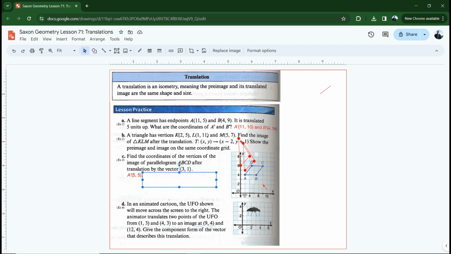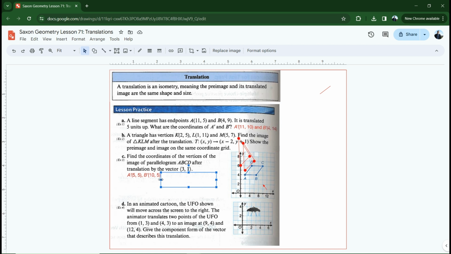Let's do B next. B is at (7, 4). I'm going to add 3 to the x coordinate. It's going to slide to 10, and then up 1 from 4 to 5. There we go. Letter C is at point (10, 6).